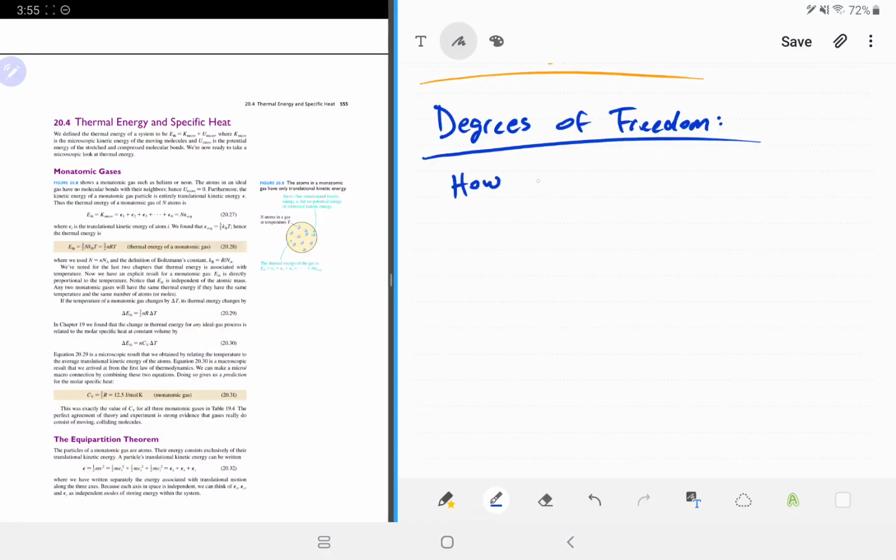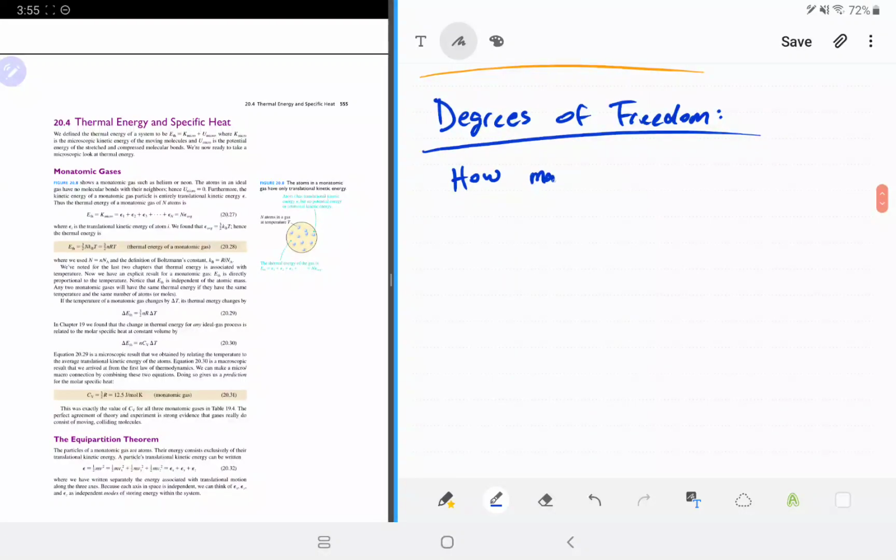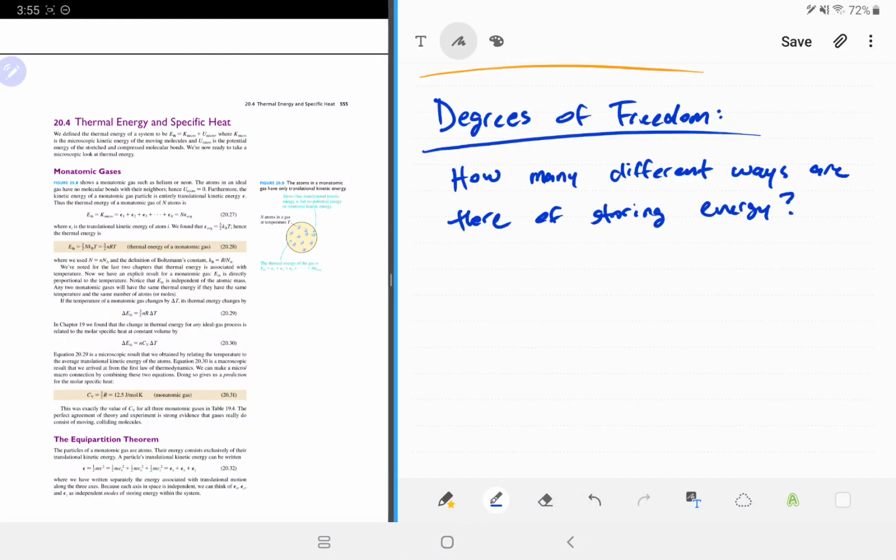What we mean by this is how many different ways there are of storing energy in your particle, in your molecule. We'll have to be a lot more specific about this, but I just want to give you a general idea first.